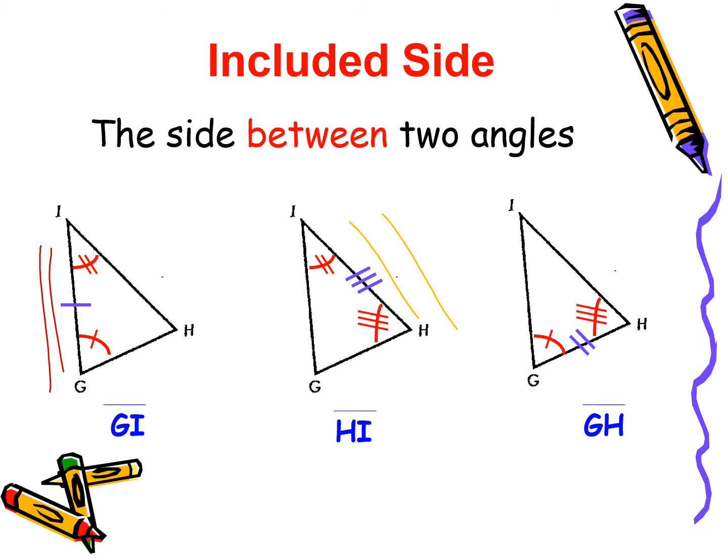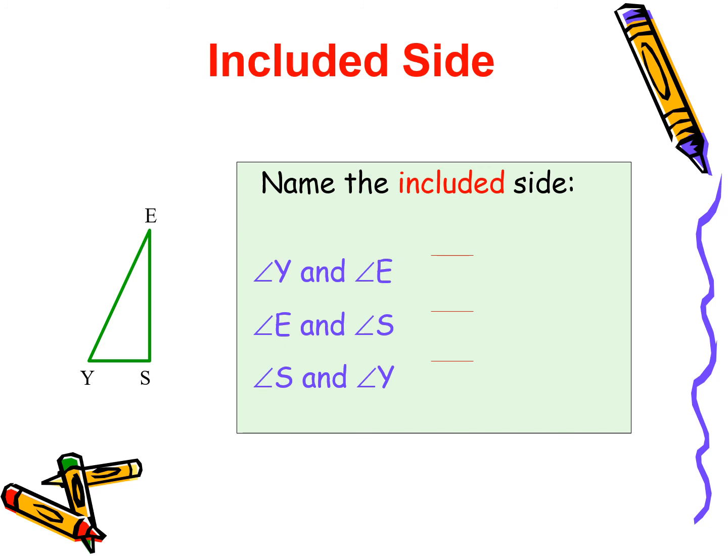And in the third figure, if you take angles G and H, the included side is GH. Can you name the included side here? For angle Y and angle E, yes, it is YE. For angle E and angle S, it is side ES. For angle S and angle Y, it will be SY.